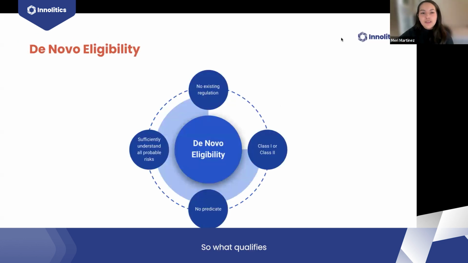So what qualifies a device to follow a de novo pathway? First of all, there has to be no existing regulation. It has to be a class 1 or class 2. If it's class 3, then it'd be PMA. There should be no predicate device, because if there is, then you would just do the 510(k).